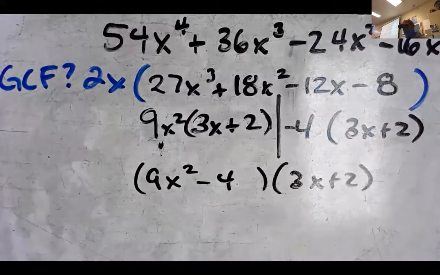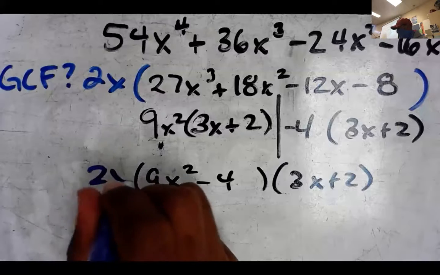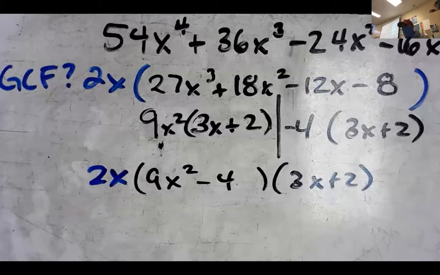All right, now once you guys take a look at that, is there anything else I can do? What could I do? 2x? Oh, yeah, that too. Bring that down. Is there anything else I can do? I can factor this more. What part of it?